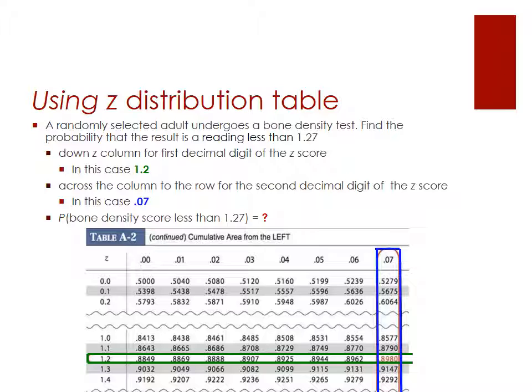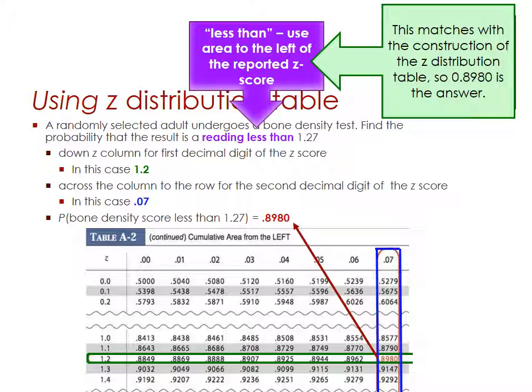We have 1.2, and then we come across that row until we find the corresponding column for 0.07 and identify the information in that box. In this case, our answer is going to be 0.8980. That's the corresponding area to the left of the z-score of 1.27.